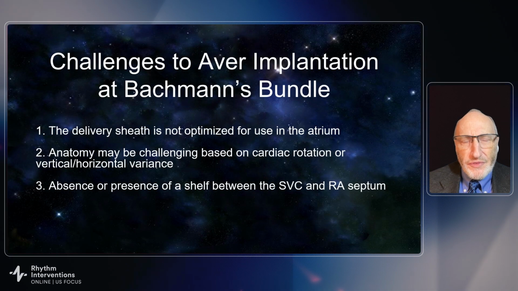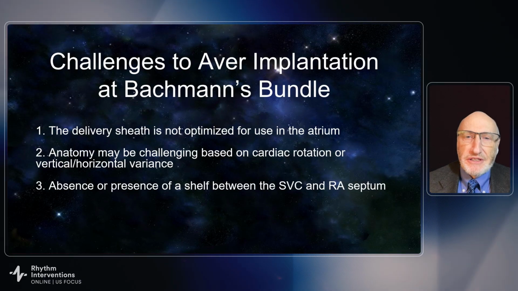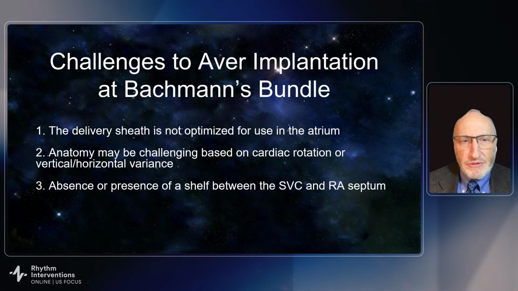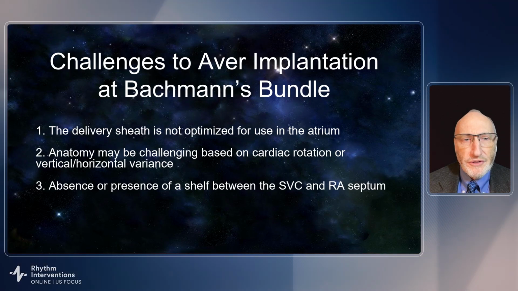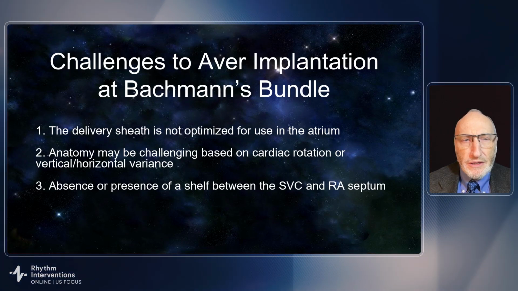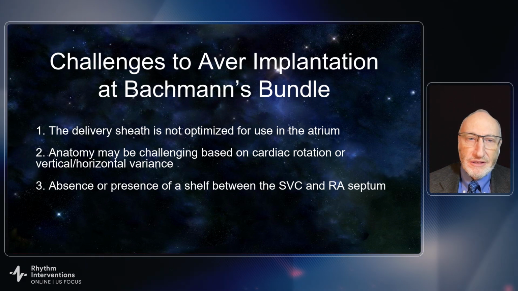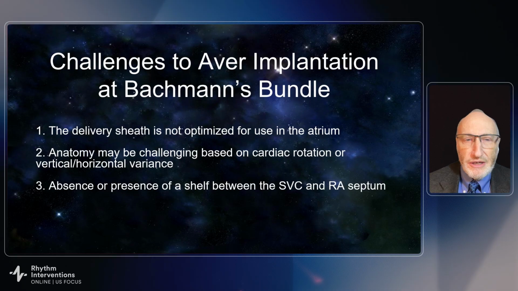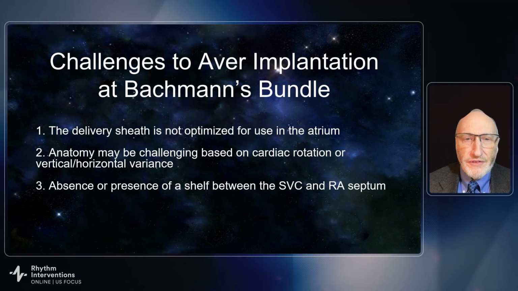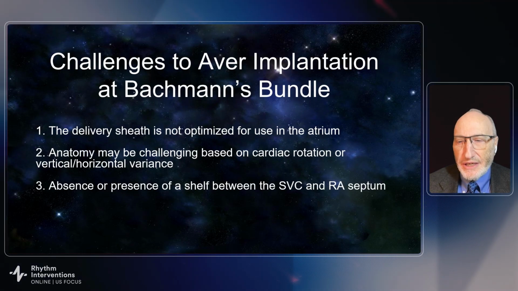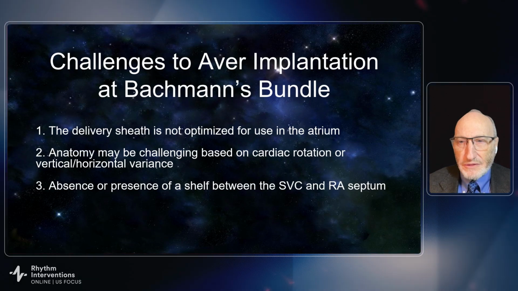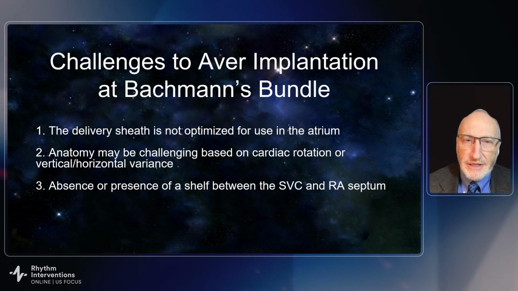So I think there are some challenges, and certainly I'd be interested in hearing everybody else's thoughts about it. But I think in general, the delivery sheath is not optimized for use in the atrium. Additionally, coming from below, the anatomy may be challenging based on rotation or horizontal or vertical variance, because the deformation of the curve occurs fairly distal.